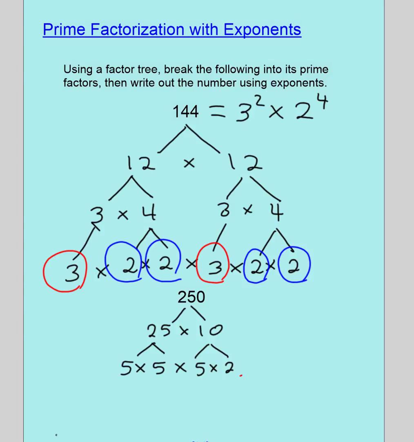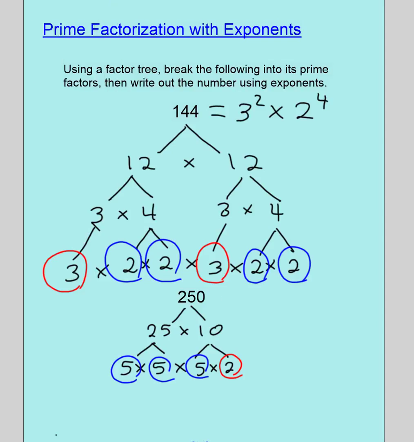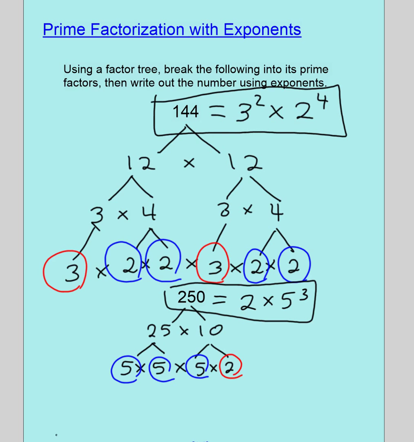So I have 1 two, and I have 3 fives. So I'm going to write that as 2 to the 1, or just 2, times 5 to the 3. So this is my final answer for 250, and this is my final answer for 144.